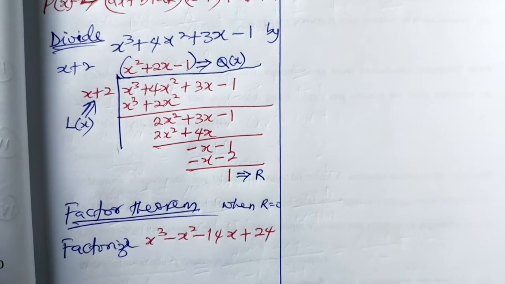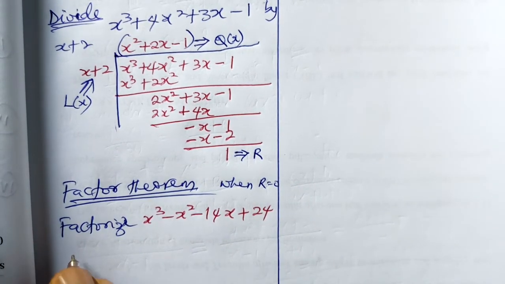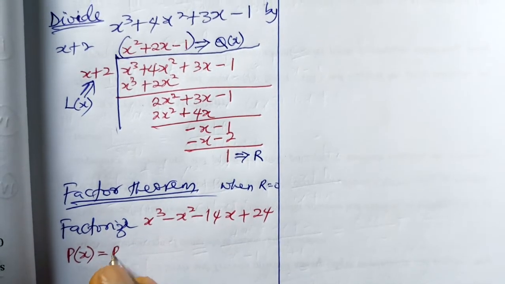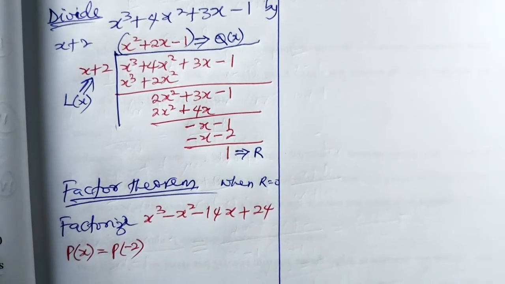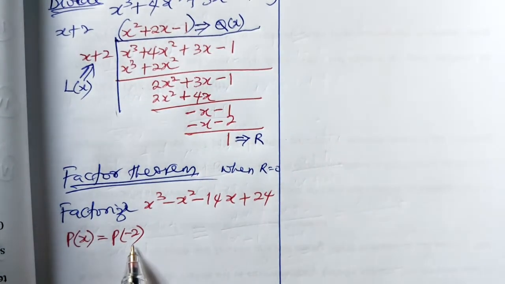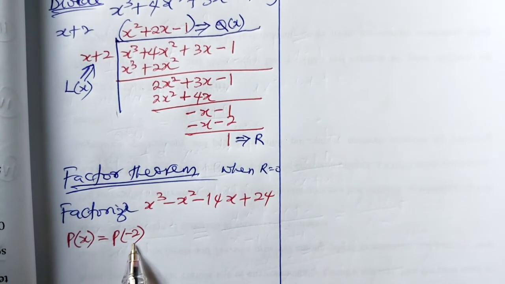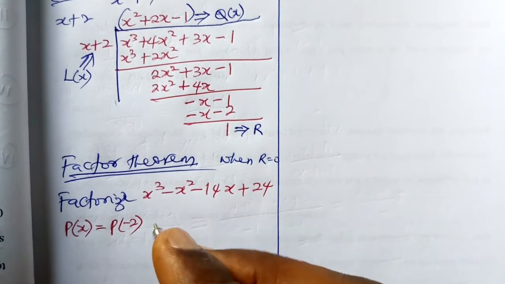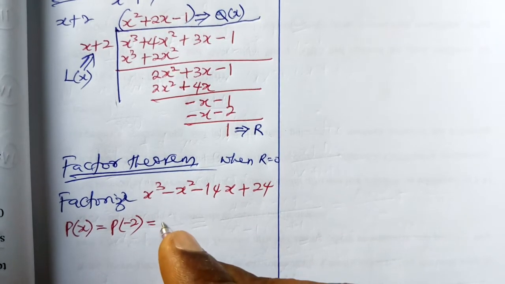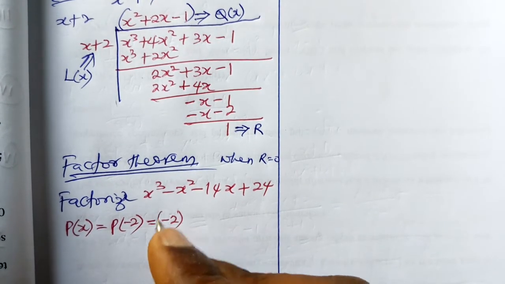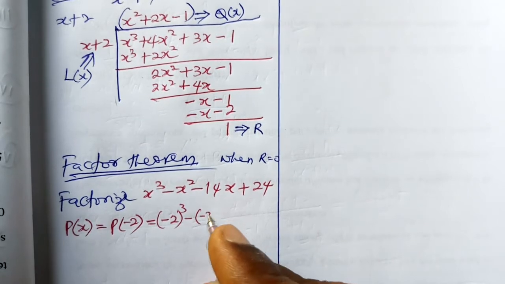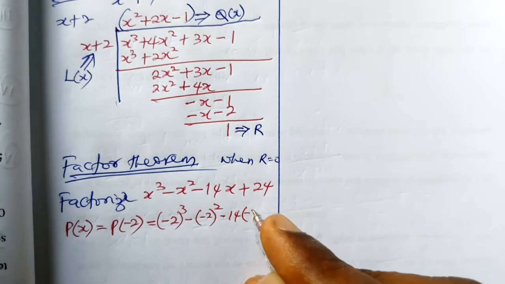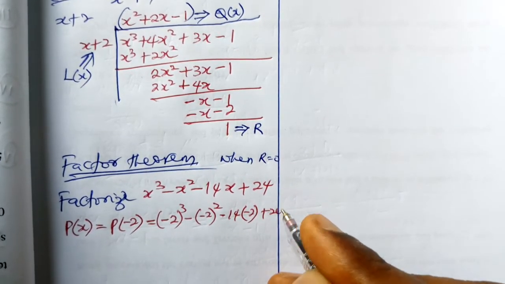So in order to do that, we say let p of x be equal to p of minus 2. If this p of minus 2 gives us 0, then we know that minus 2 is a root. But if it doesn't give us 0, we know that it is not a root. So we do minus 2 raised to power 3 minus 2 raised to power 2 minus 14 into minus 2 plus 24.